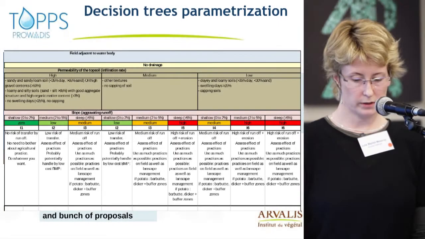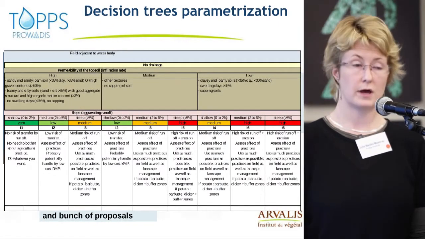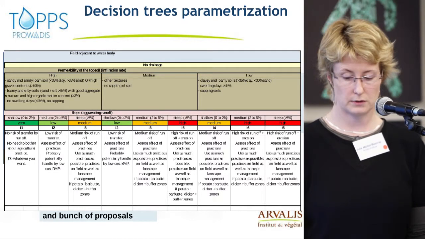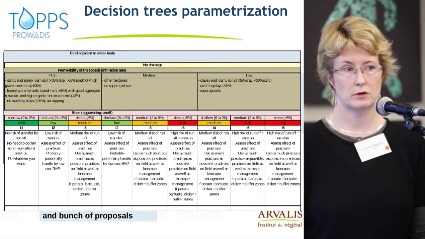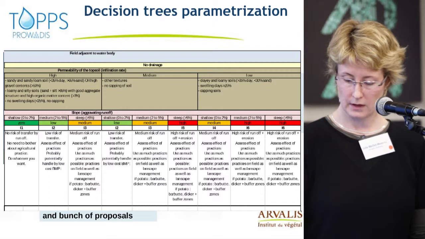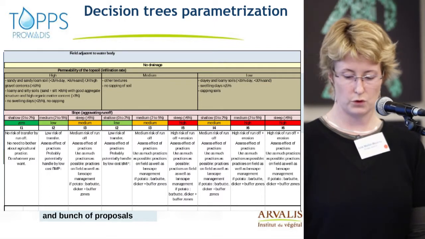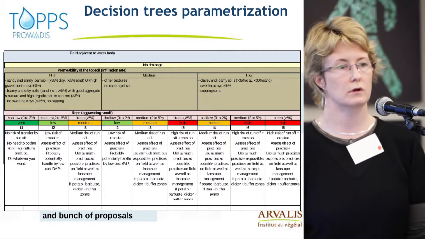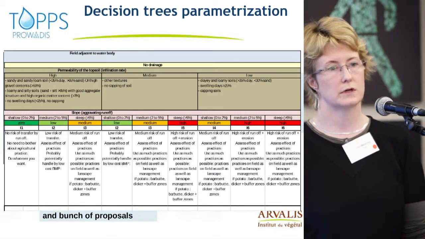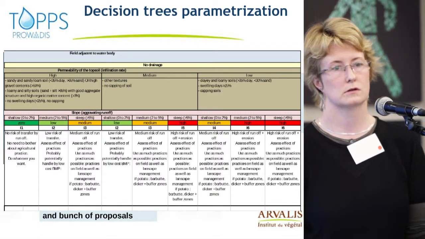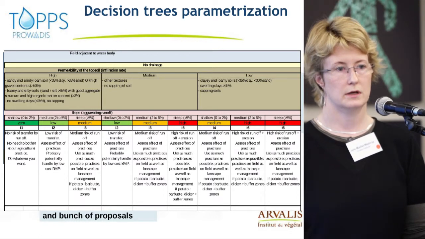So that's exactly the decision tree that Jeremy showed us. What we are working on currently is the parameterization of these different criteria you have in the table or in the decision tree. For instance, for low permeability of the topsoil, we give clues to the advisors to assess what a low permeable soil is.